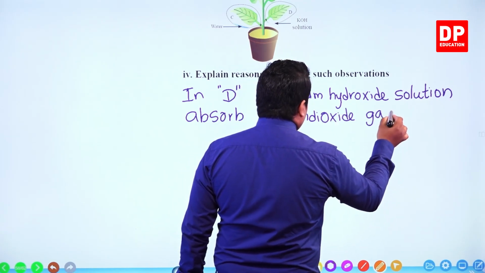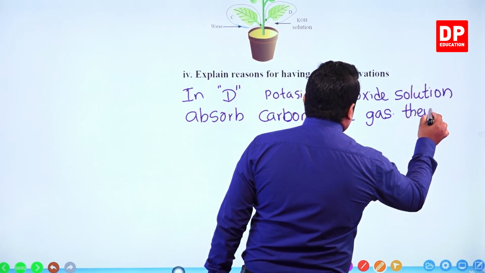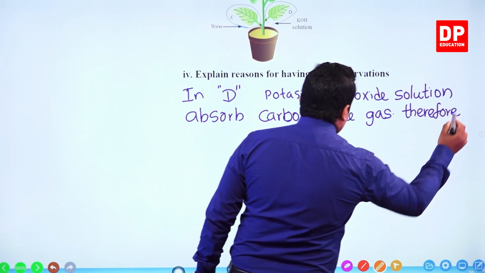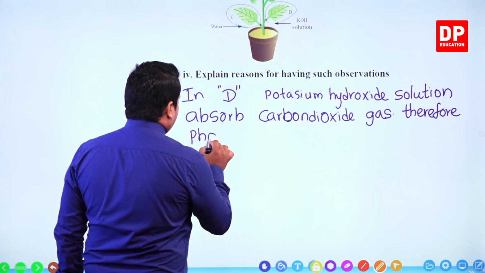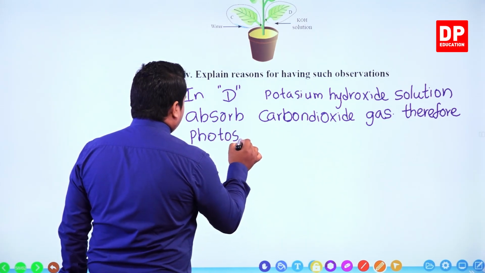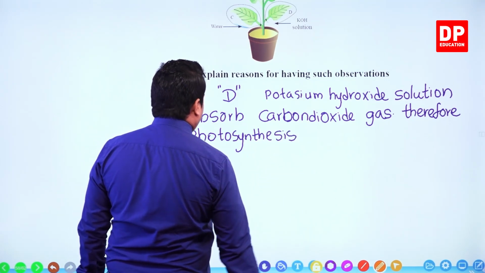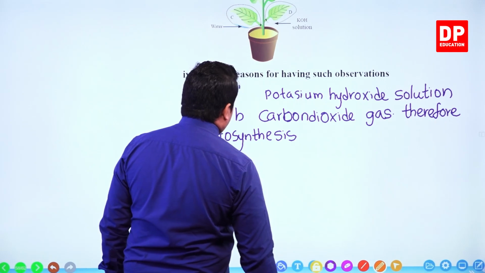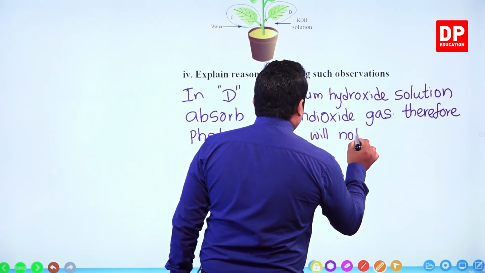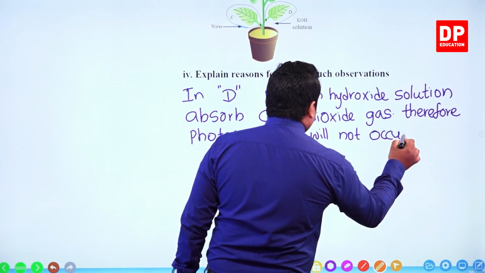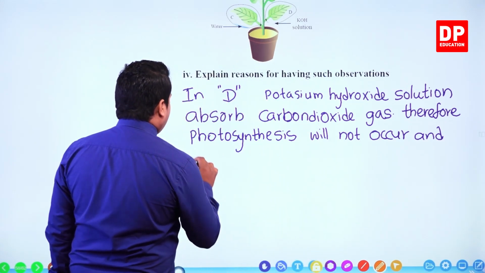Therefore, photosynthesis will not occur and starch will not be produced.